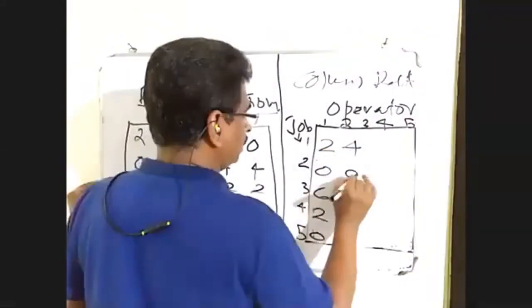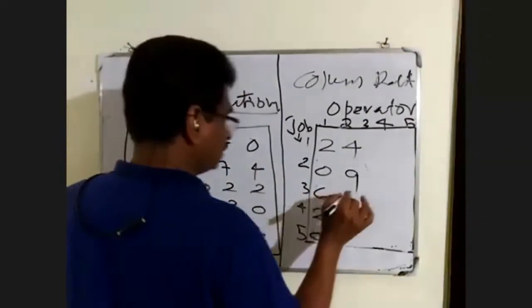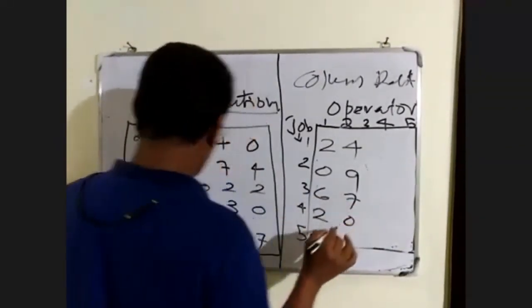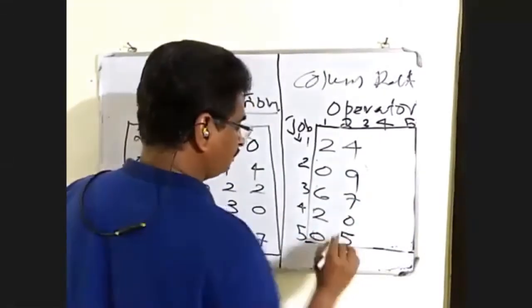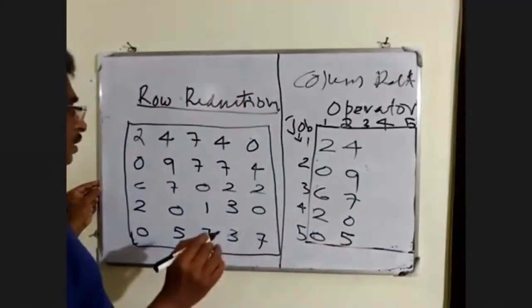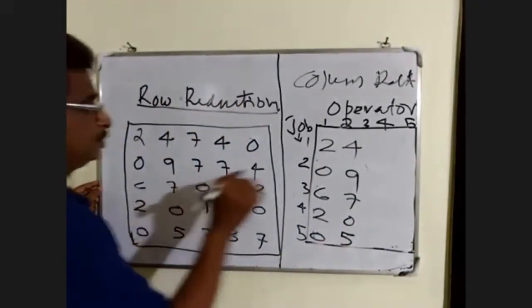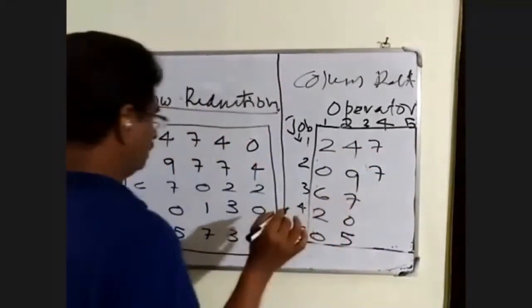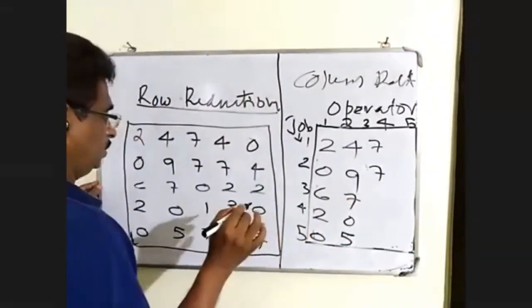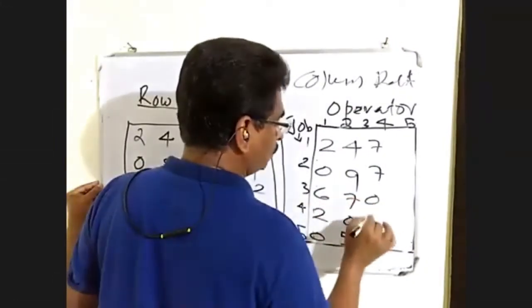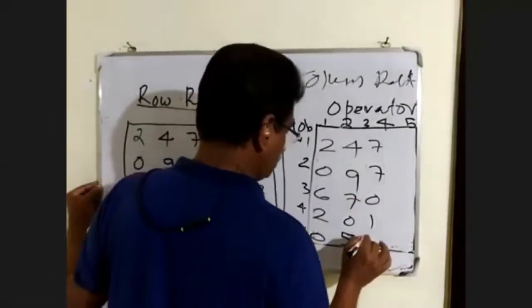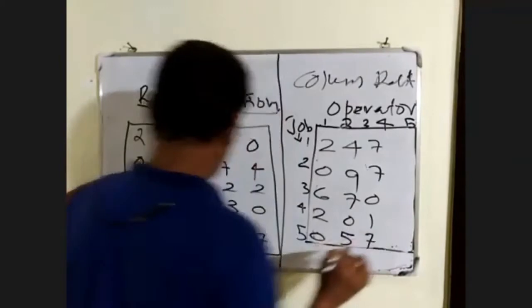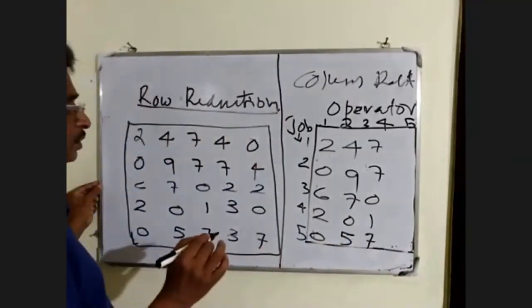So 4, 9, 9, 7, 7, 0, 5. Third column, the minimum value is zero, so the same values are repeated: 7, 7, 0, 1, 0, 1, 7. Am I correct? Yes, sir.